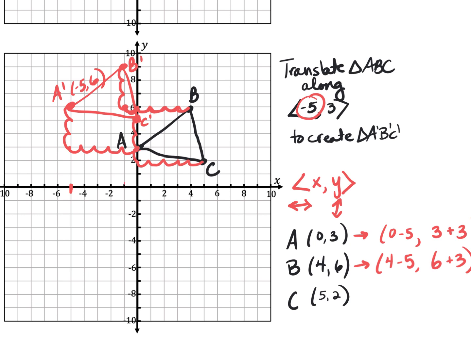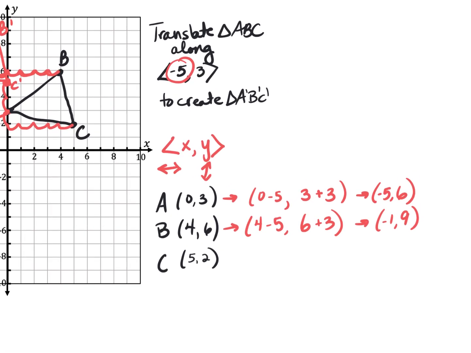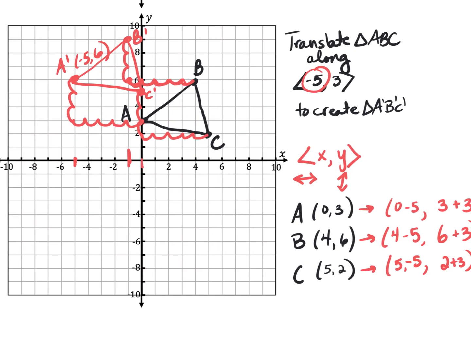I should have been at negative 1, but y is also 9. So this is another way you can double check that you plotted the points correctly, because both methods will give you the same answer. Here we have 5 minus 5, and then 2 plus 3, giving me 0, comma 5, and that is where C is.